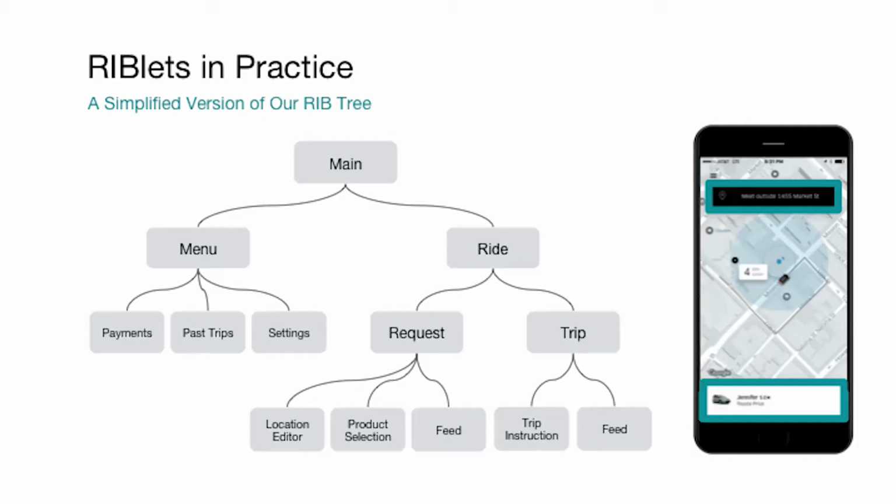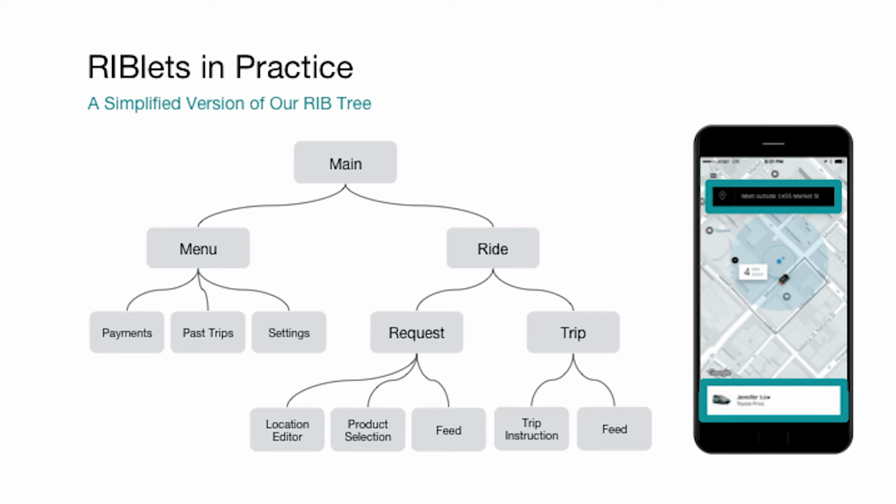So let's take a look at how we built the app using Riblets. Here we have main, which is the root of our app. We have a menu Riblet, which contains things like payments, past trips, and settings.